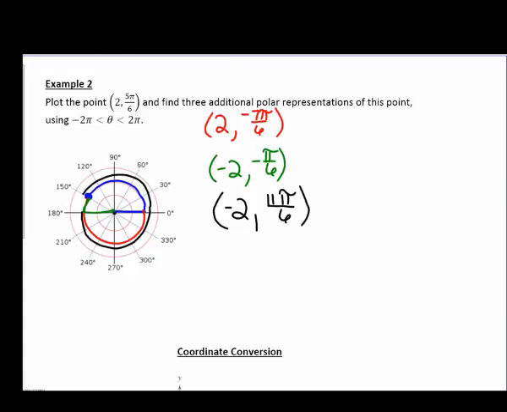And so that's 3 representations where theta is between negative 2 pi and positive 2 pi. But they all represent that same point. Just like our coterminal angles, they all landed in the same spot. It was just different amounts of rotation, different directions of rotation, that kind of thing.